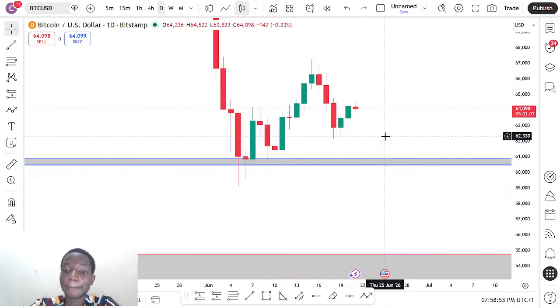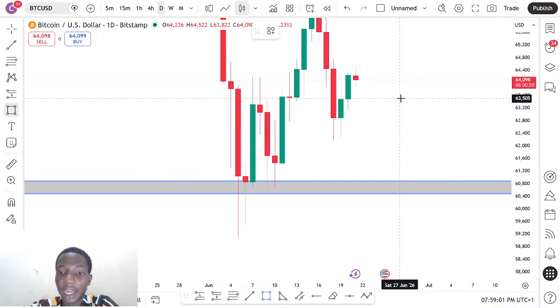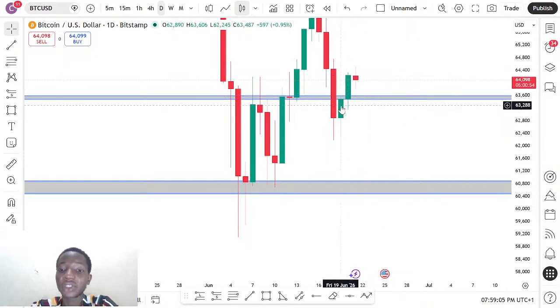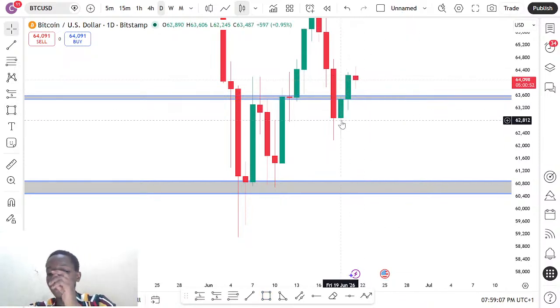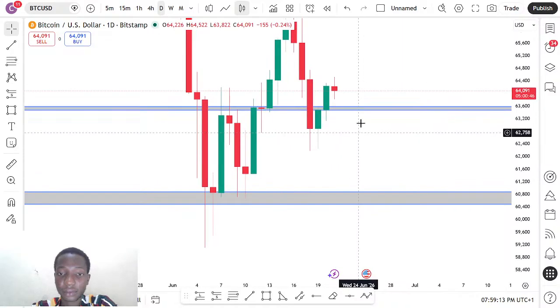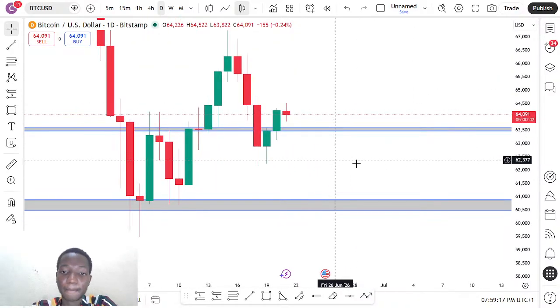And the current structure, the reason I wanted to draw this line here, like I've said before, is that today is Sunday and I don't want to rush into a trade like this. I marked the closing of the previous day, that is Friday's close. I marked it out.